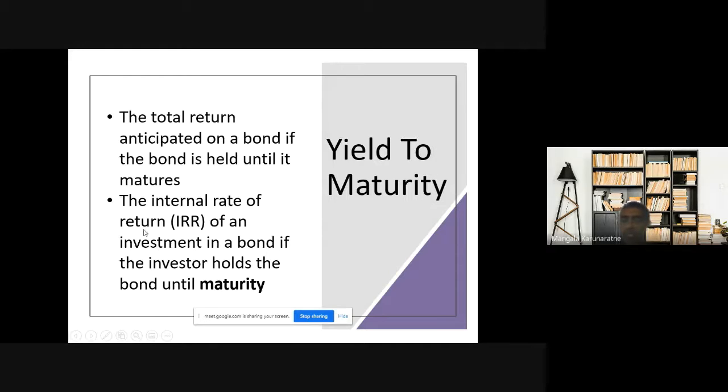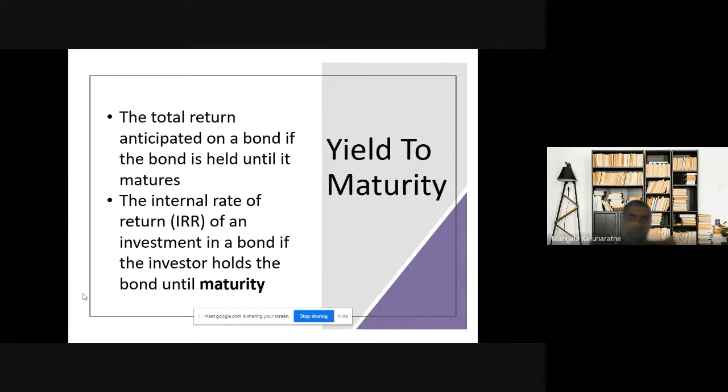But even though we don't have any intention of keeping it till maturity, that is when we buy the security for the trading portfolio, that doesn't mean that we deviate from this calculation. The same calculation we use. So although the desire or the intention is different, the calculation is the same.